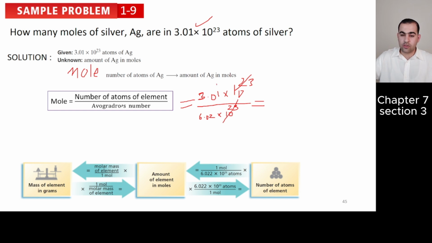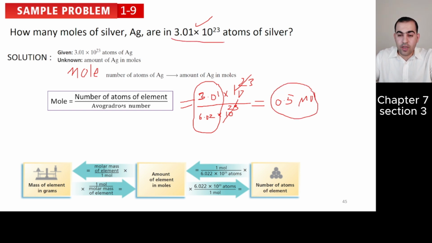So you just need to divide these two numbers together. It equals 0.5 mole. So 3.01 times 10 to the power 23 atoms of silver equals 0.5 mole. That number is half of the Avogadro's number, so it must equal 0.5 mole. Okay, that's it.